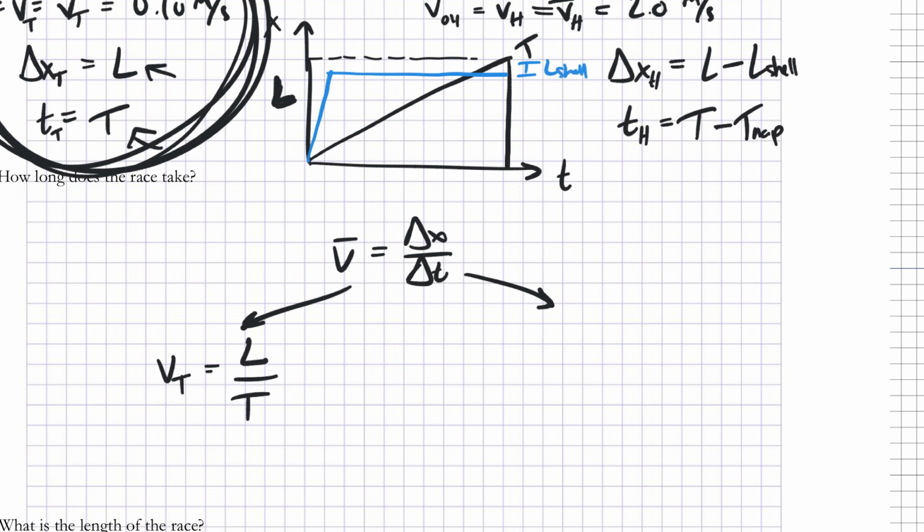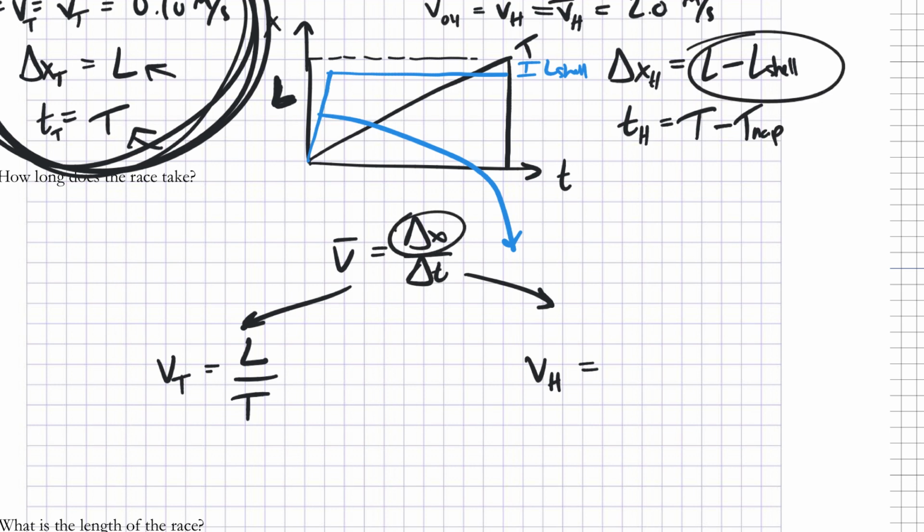For the part when he's actually moving, the velocity of the hare, he almost covers the whole thing. So his delta x is L minus L shell. And how much time does he do it in? T minus the time when he's napping, T nap.